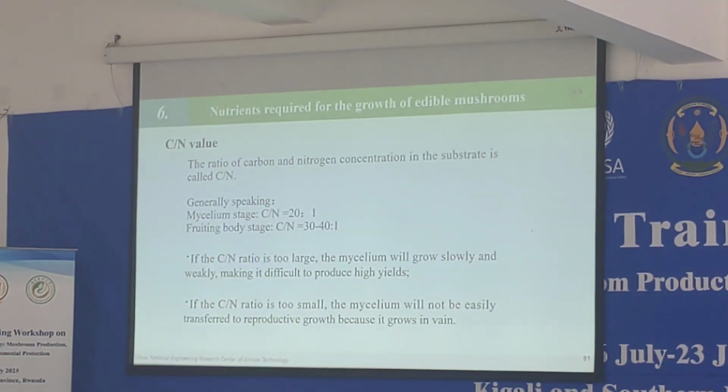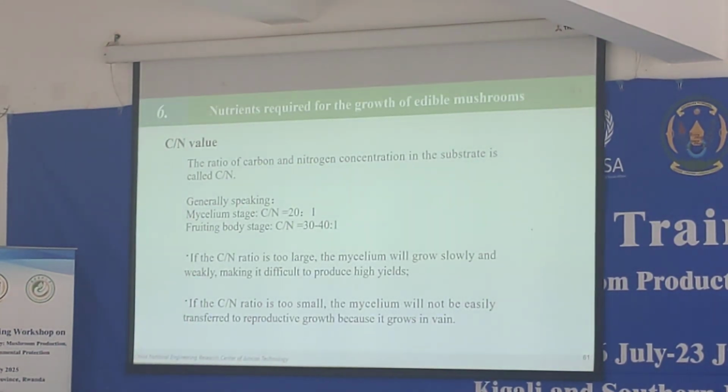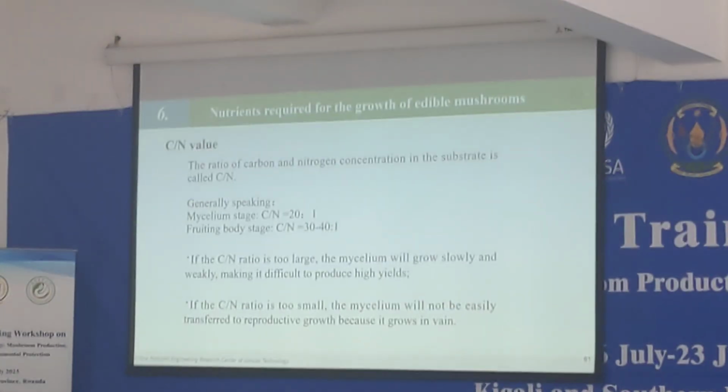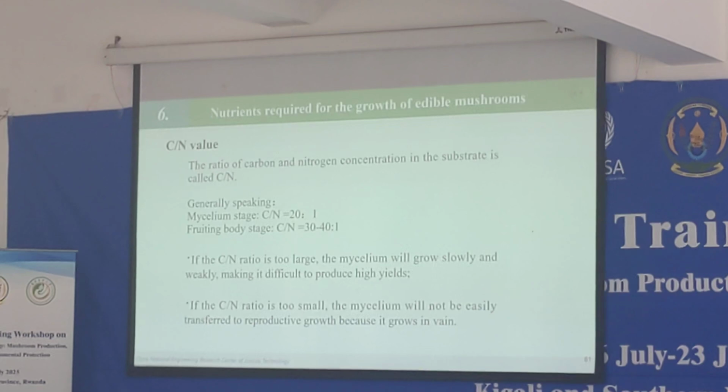When the mycelium grows, it will decompose the substrate, so the carbon source will become small molecules for nutrients, and the ratio will increase to 30 to 40 to 1.